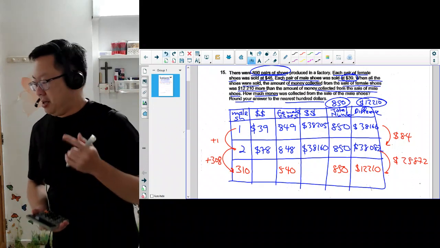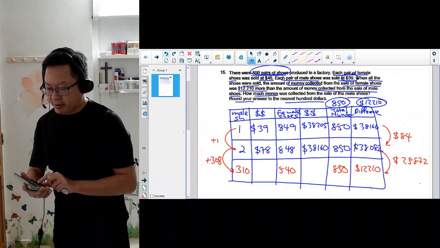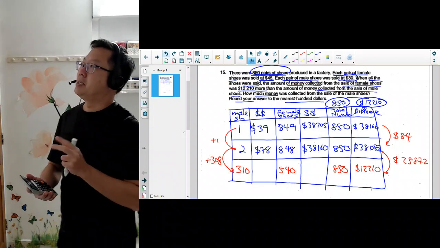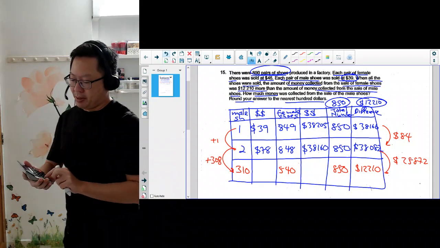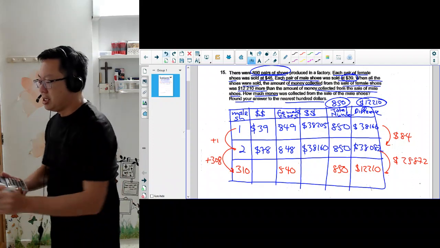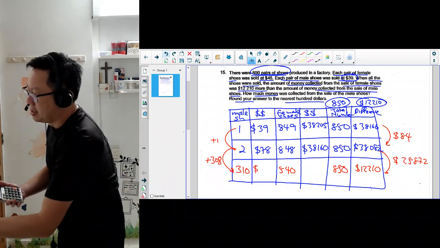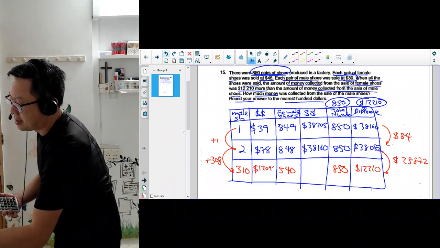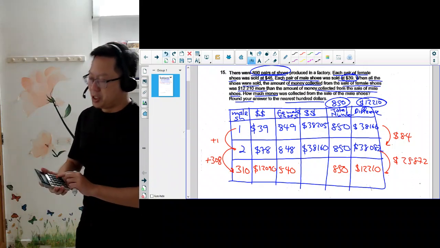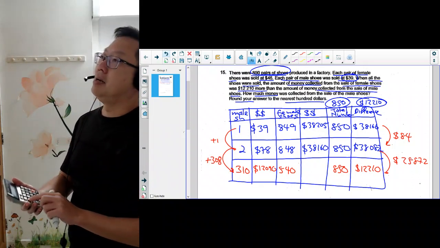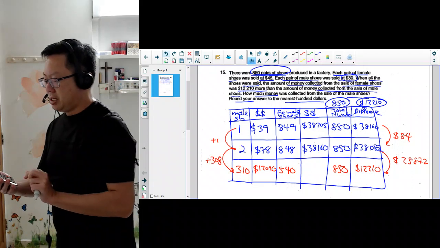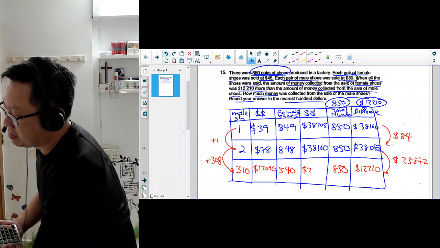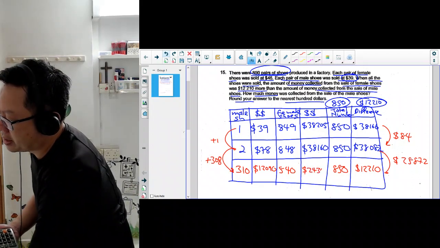You take 310 male shoes and multiply by how much one pair of male shoes is, which is $39 each, and all the male shoes will be $12,090. And then how much are the female shoes? You take 540 times $45 each, and you will get $24,300.